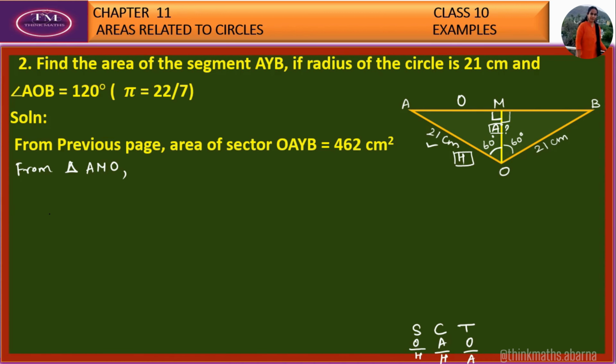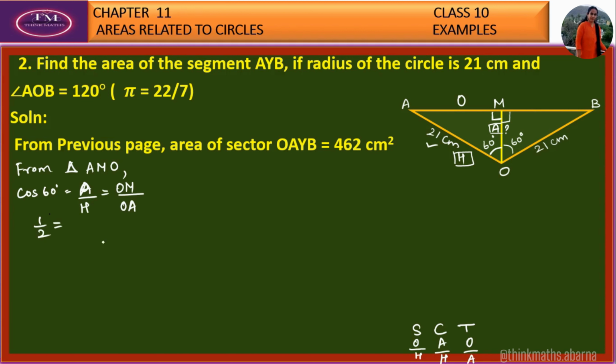So we have to find out the relationship between adjacent side and hypotenuse side. So adjacent and hypotenuse is for cos. So we have to use cos 60 degree to find OM. So cos 60 degree equals adjacent side by hypotenuse. So which is the adjacent side? OM. OM by hypotenuse side is OA. So what is cos 60? Cos 60 is 1 by 2.